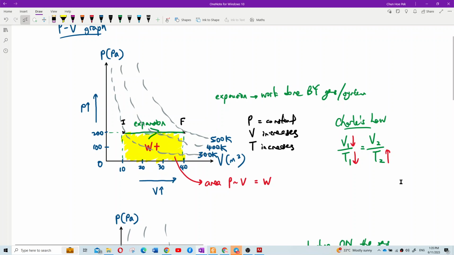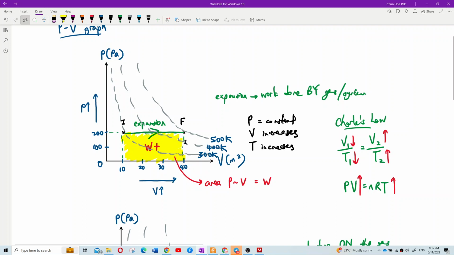But what happened to the volume? Volume also increases. Volume is proportional to temperature. Remember our formula PV equal to nRT? So when temperature increases, volume increases. Correct or not, class?